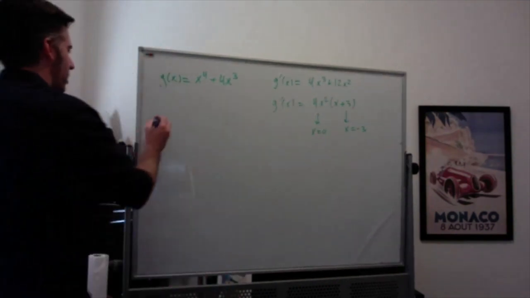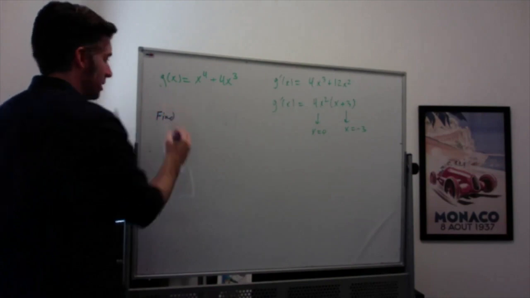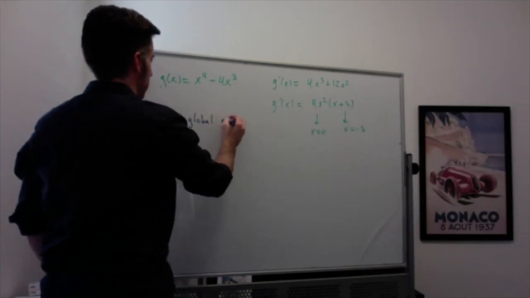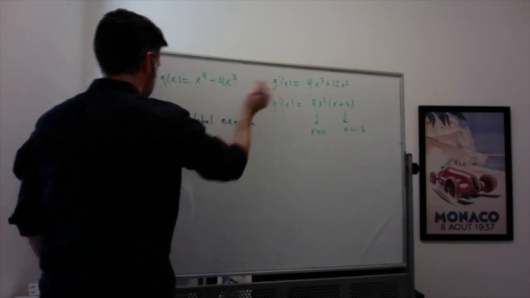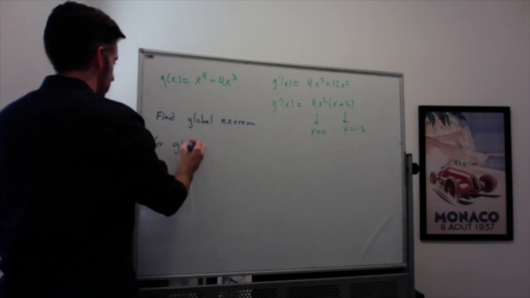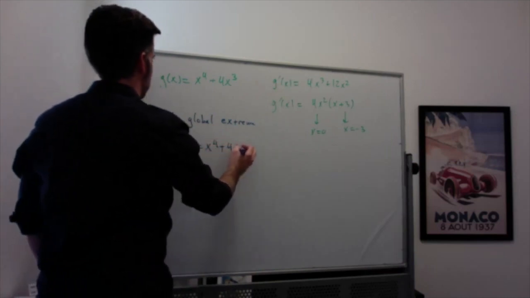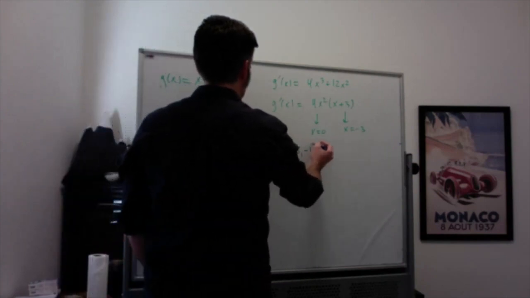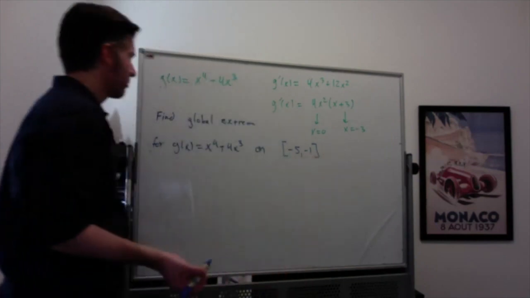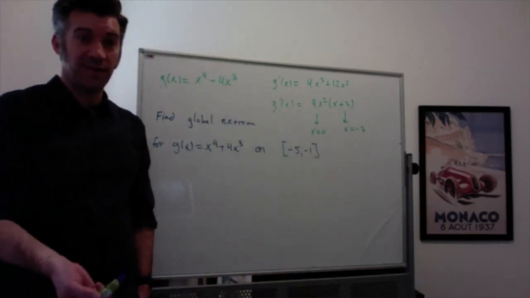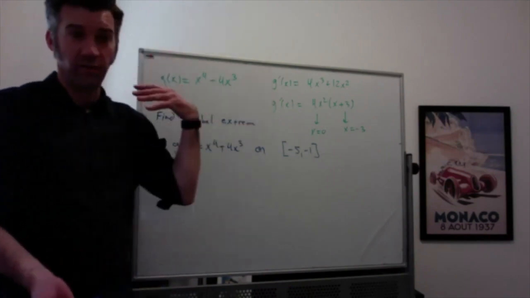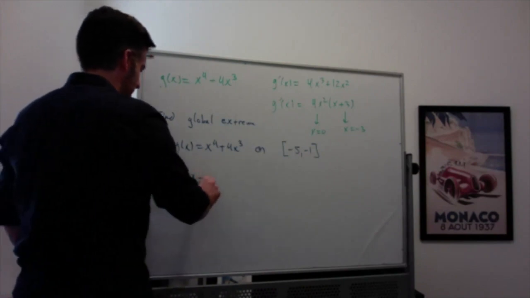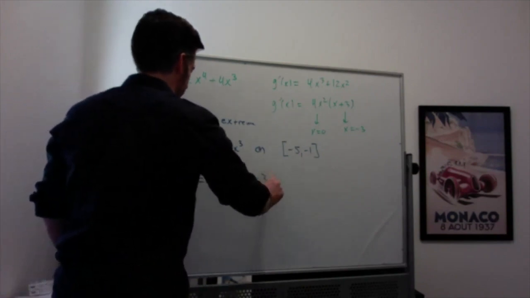We were asked to find the absolute or global extrema for this function on the interval from -5 to -1. So the process for this starts off the same in that it starts off by finding the derivative and finding the critical values. So the critical values are definitely x equals 0 and x equals -3.